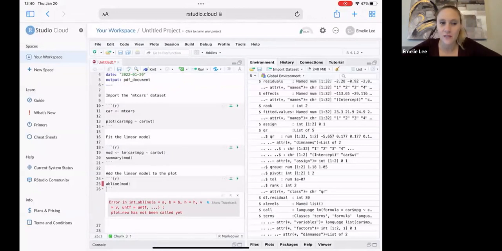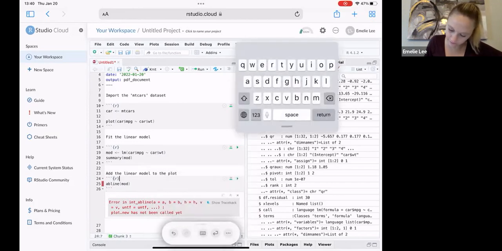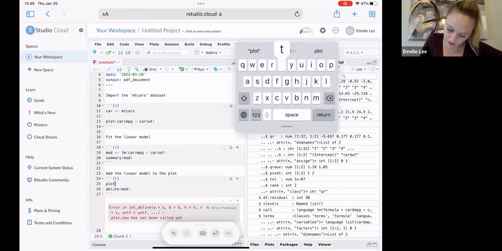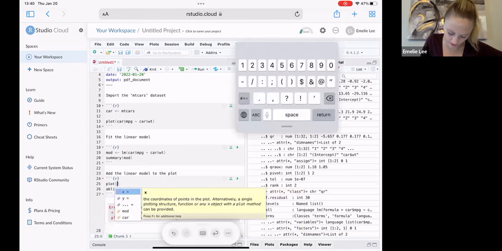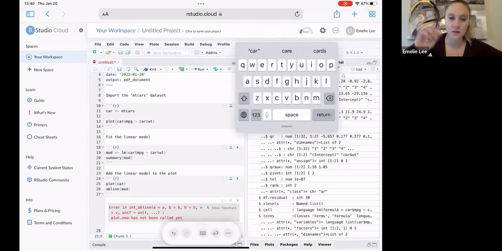Usually what would happen is, the plot has to be available. Kind of old school, I guess, it would just put the line of the model on whatever plot was most recently produced, but it seems to need the actual plot, so that's fine. Because I can't figure out quite yet how to copy and paste with my pencil. It just wouldn't let me do it before.